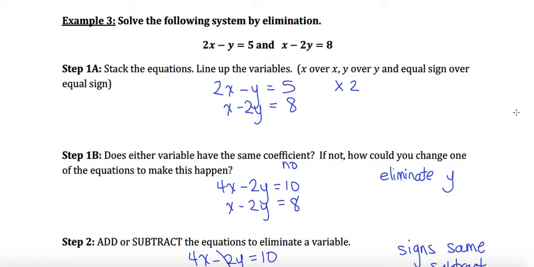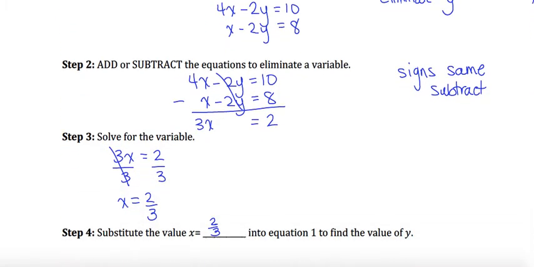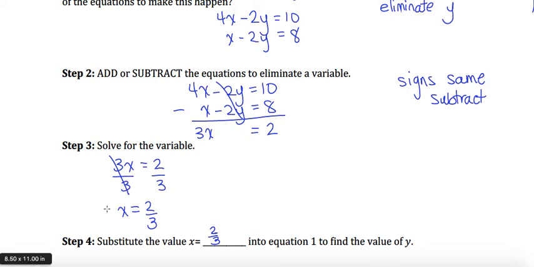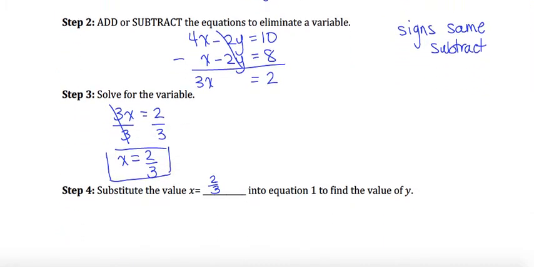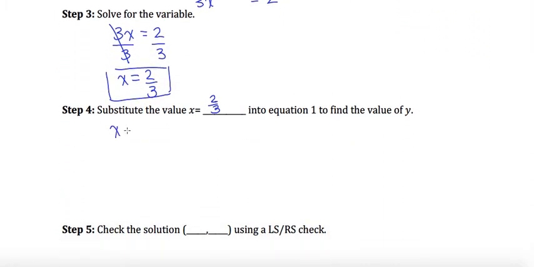That's fine as well. So what I'm going to do is substitute this value into equation number 2, which is x minus 2y equals 8. And I'm going to solve for my y.